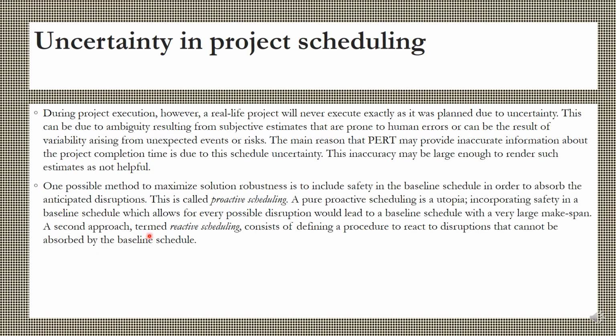A second approach, termed reactive scheduling, consists of defining a procedure to react to disruptions that cannot be absorbed by the baseline schedule. So this was all about the uncertainty in project scheduling, which can lead to unexpected results from the project, and hence makes the entire project a little critical.